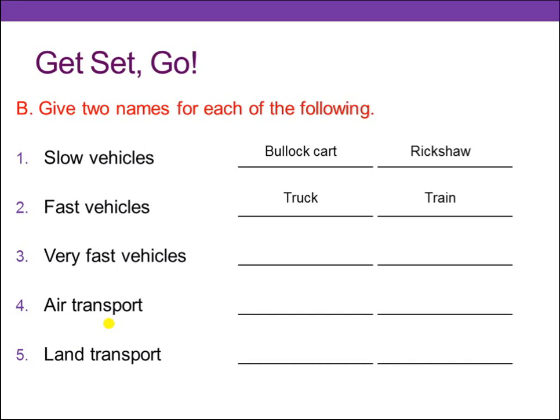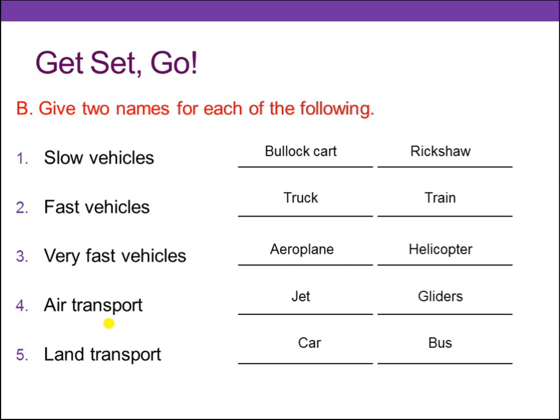Third one, very fast vehicles. They are aeroplane and helicopter. Fourth one, air transport. They are jet and gliders. Fifth one, land transport. They are car and bus. So quickly take your textbook and do the book back exercise.